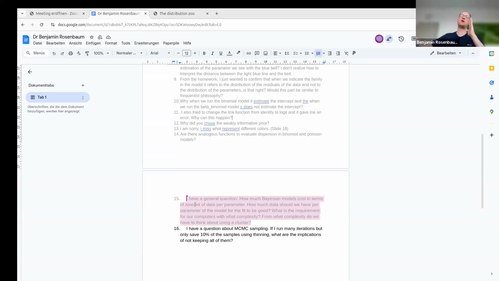So you would have to use long chains, maybe 100,000 samples, to get this kind of fuzzy caterpillar behavior. And if you don't want to have your big matrix with 100,000 entries, you can thin this and just save every 10th sample, and then you have 10,000 entries, which still is a lot.